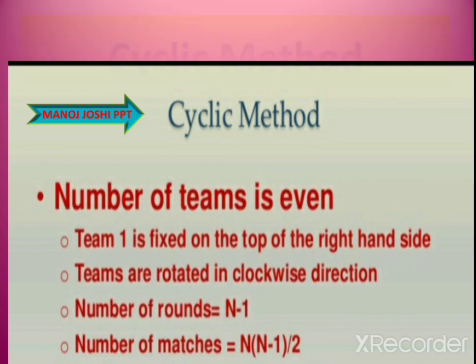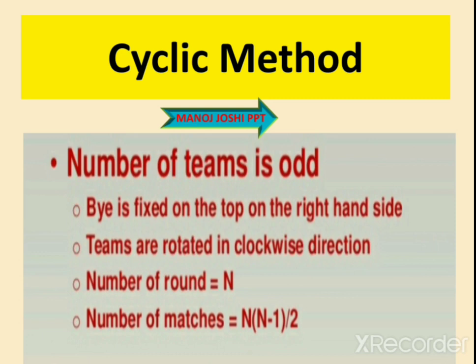Then we will see if the number of teams is odd. With an odd number we cannot make pairs of the teams. So for the one place where the number is missing, we will put a bye. Bye is fixed on the top of the right hand side. In case of an even number, we fix the first team at the top of the right hand side, but in case of an odd number, bye is fixed on the top of the right hand side.